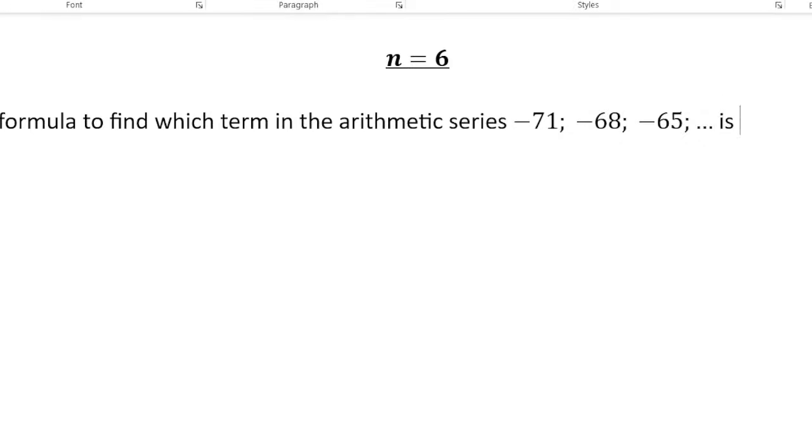Is the first term to exceed 10? Solve this problem. Question 3.